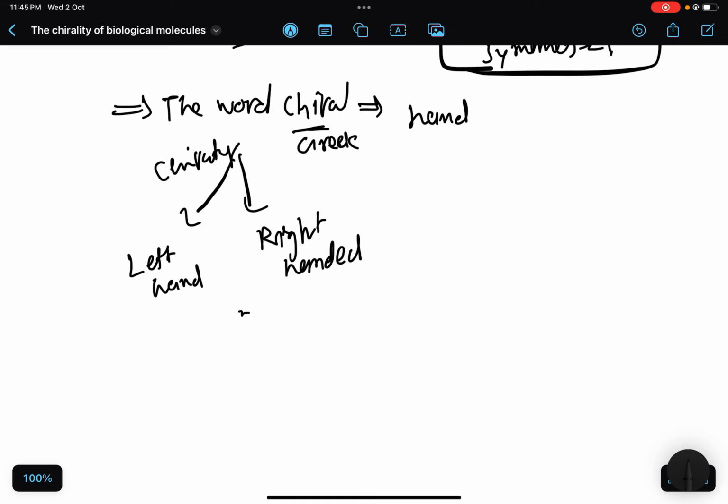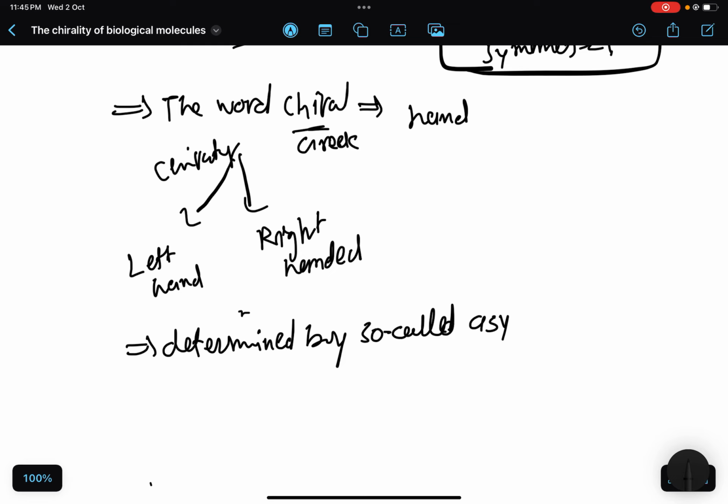Chirality is often encountered in the world of molecules. It is determined by the so-called asymmetric carbon atom.